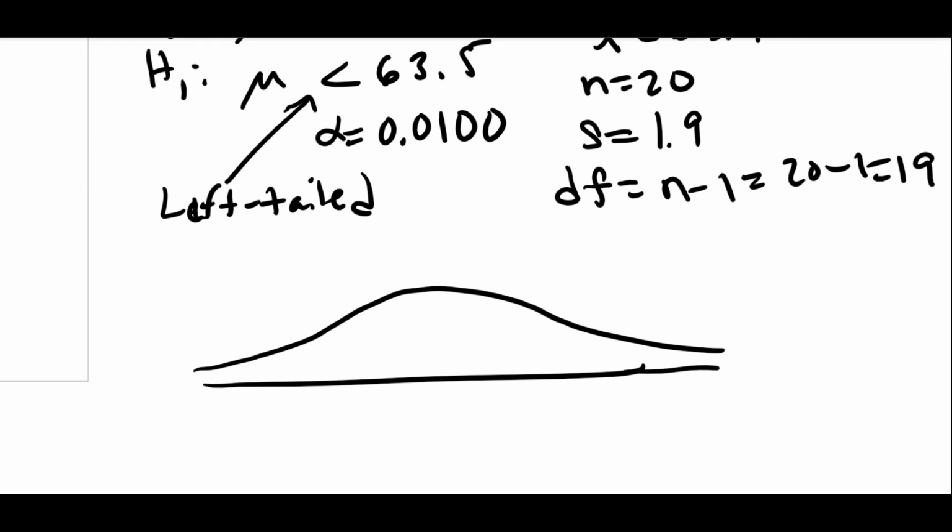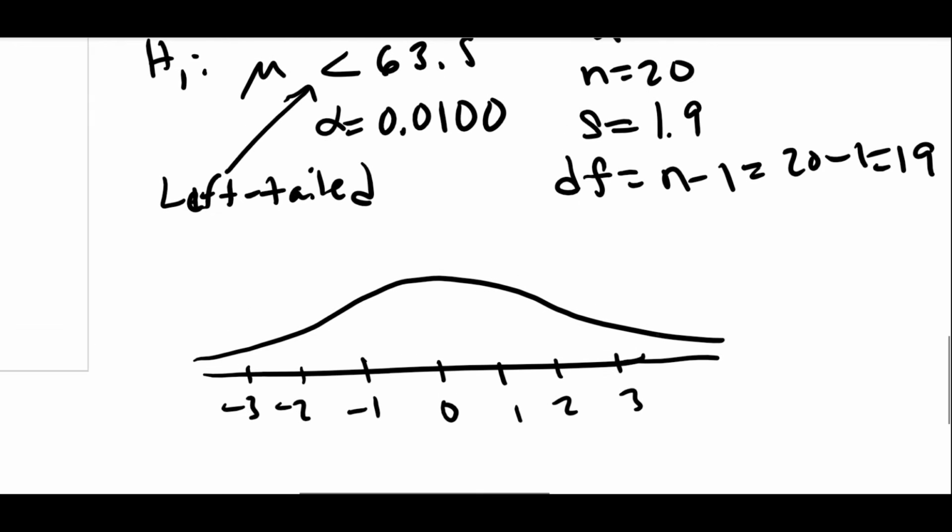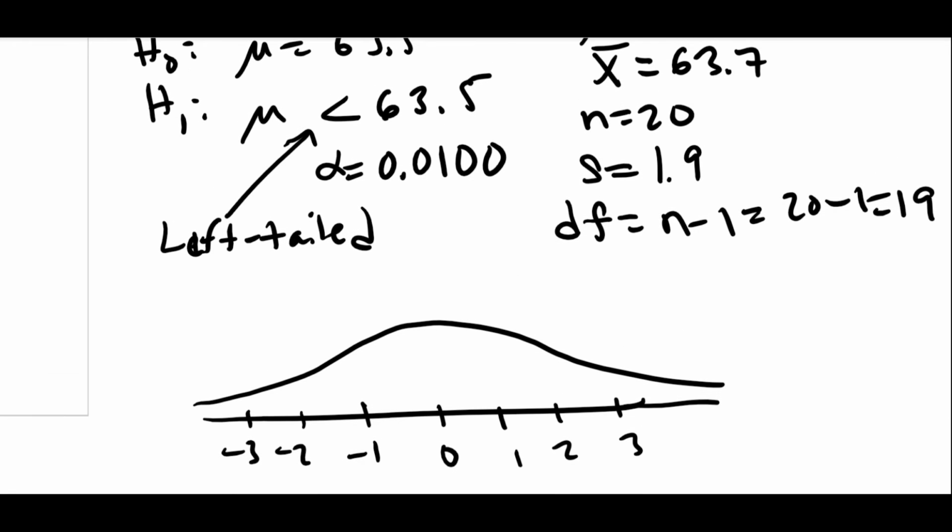Okay, so that's the t distribution, and it looks flatter than the z. Now we need to figure out what the t critical is. Since it's a left-tailed test, our t critical is going to be negative. We've got to be careful with that.